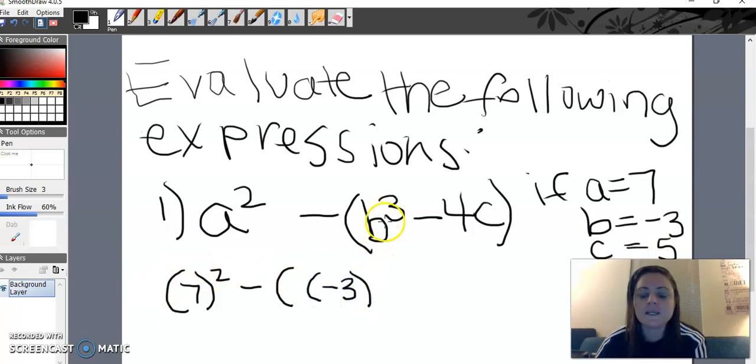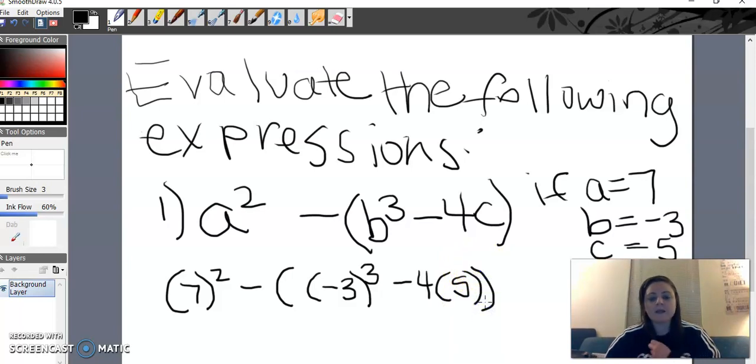Close your parentheses to the third power. Minus 4, our C, it says C is 5. So parentheses 5. Close parentheses, and then make sure you close parentheses all the way.